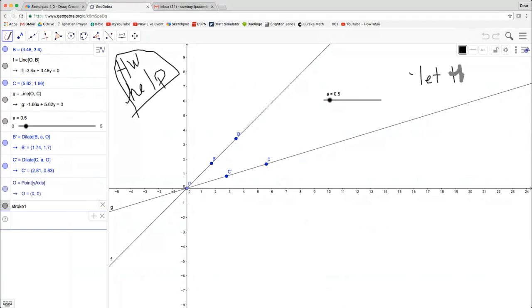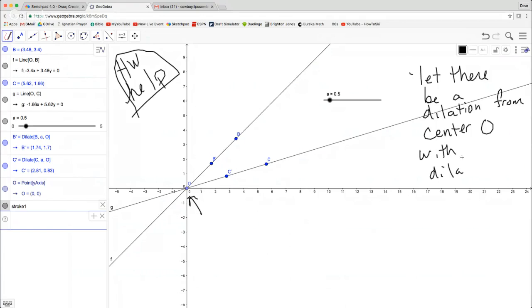Let there be a dilation from center O, that's this point here, point O, with dilation of B equals B prime, and dilation of C equals C prime.